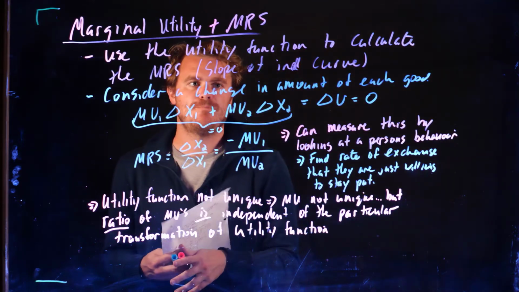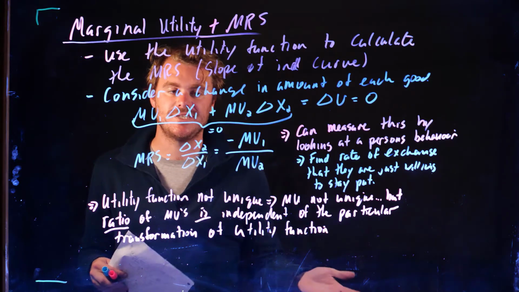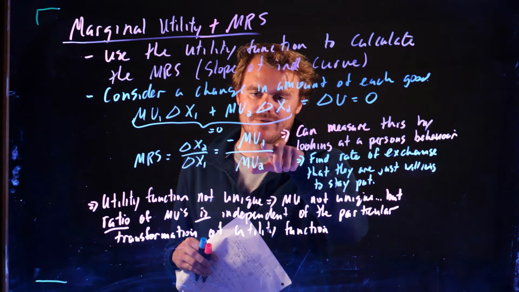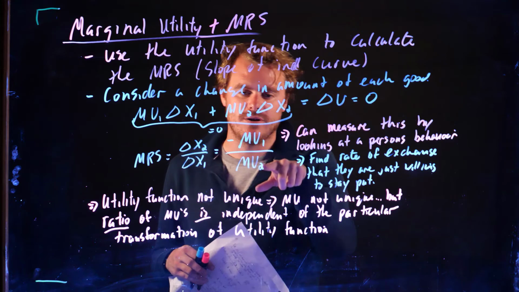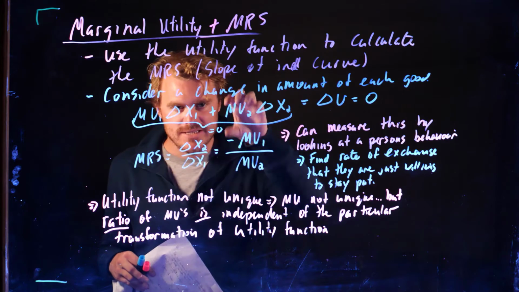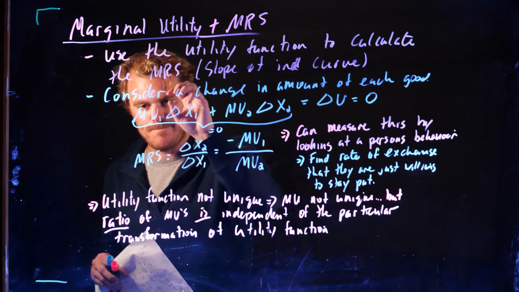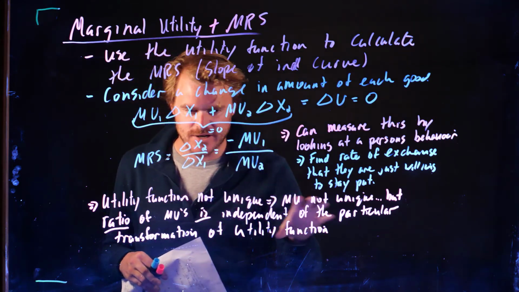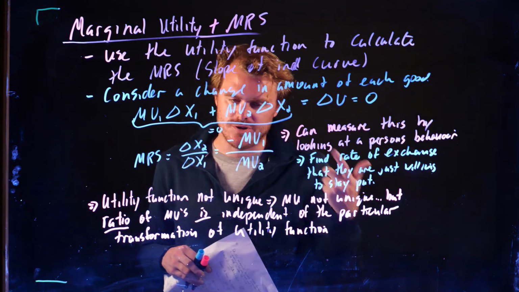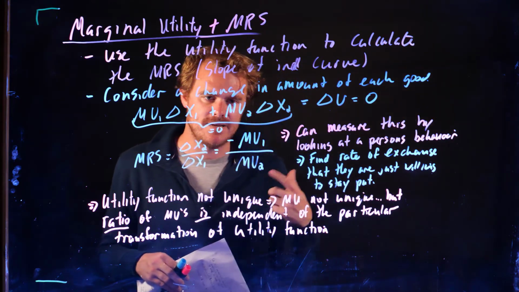For instance, if I did a monotonic transformation of a utility function where I multiply it by 2, essentially we'd be getting 2 times the original marginal utility of good 1 over 2 times the original marginal utility of good 2, and so those 2's just cancel. So the ratio of the marginal utilities is independent of which transformation you chose to make.